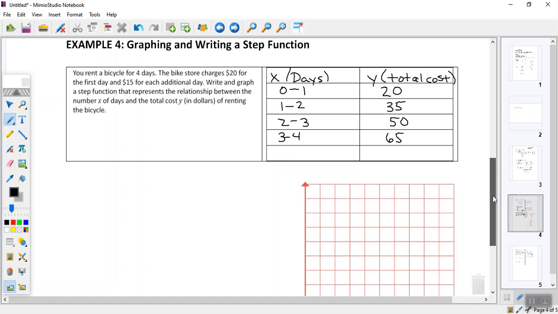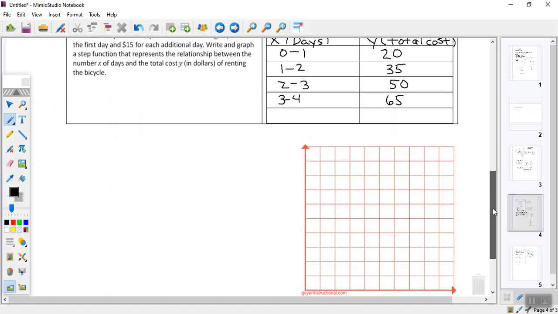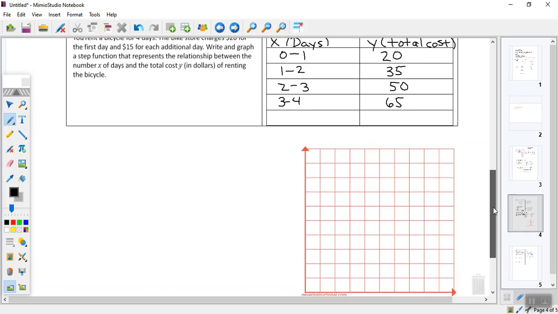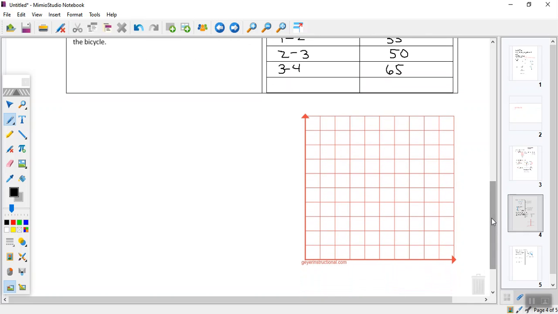So here's what we have. We have a table of information. I'm going to make a graph of this first. I'm going to come down here on this x-axis and label this days, and I'm going to label this my cost.